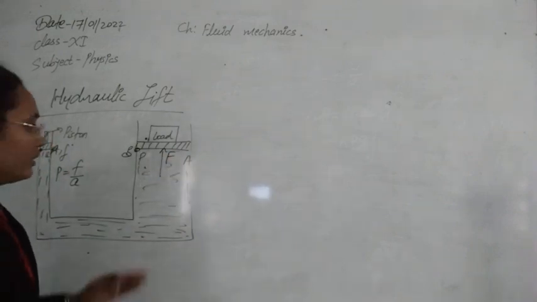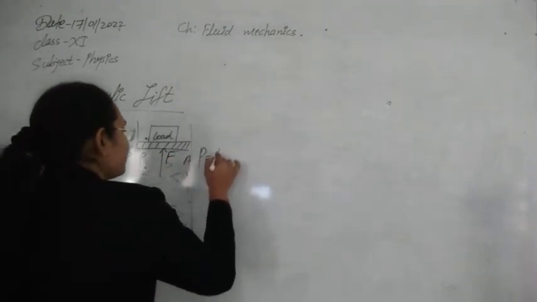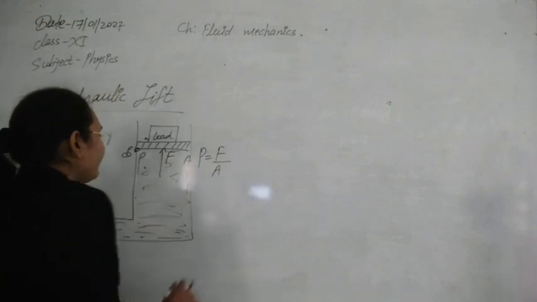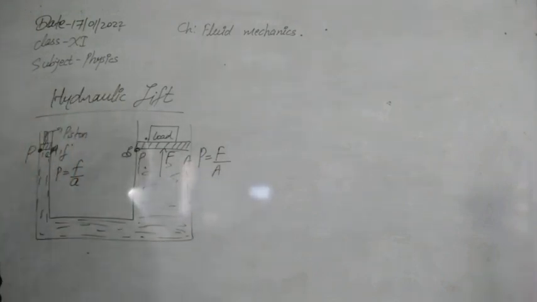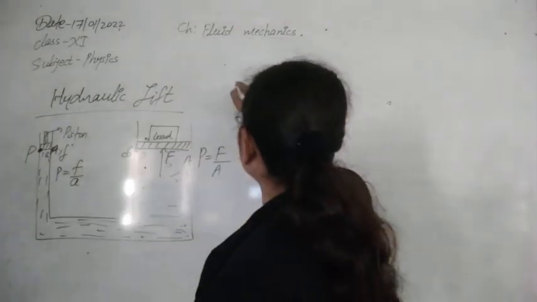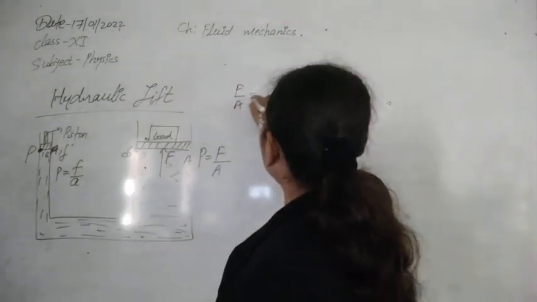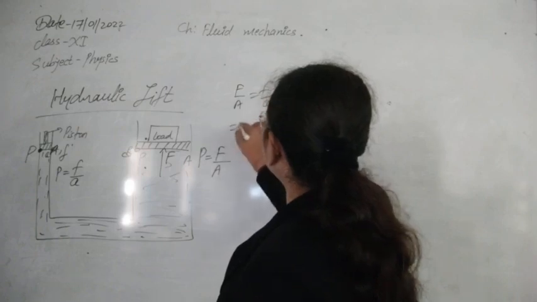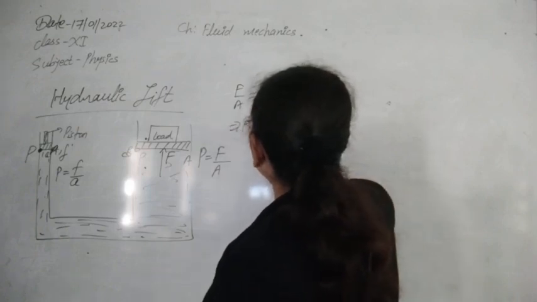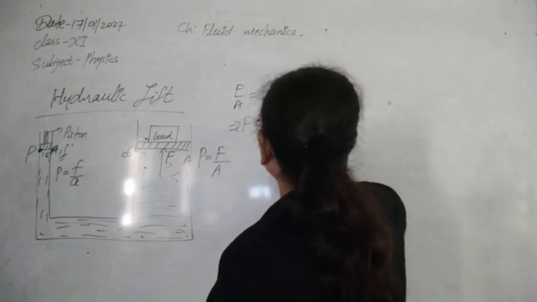So P can be calculated as F by A, and as the pressure is the same at both places due to Pascal's law, F by A can be written as small f by small a. Now capital F can be calculated as F = f times A by a.